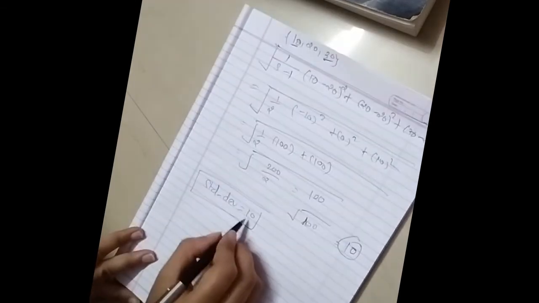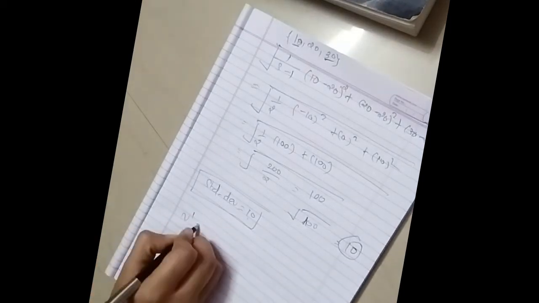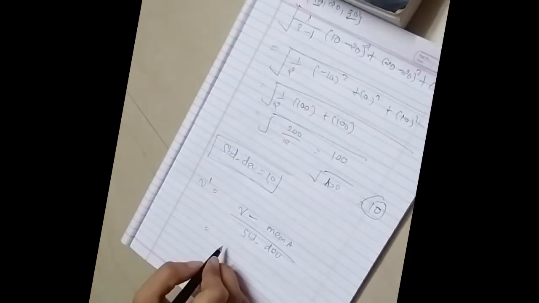Now we have the values of standard deviation and mean, so let's apply the normalization equation, which is V minus mean A divided by standard deviation.